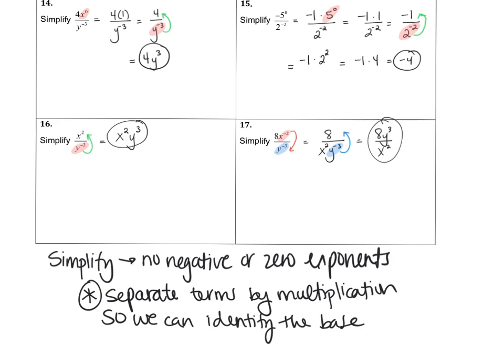I need to know, what is my base? My base here is y. My base here is 5, or positive 5, not a negative 5. You want to separate these things out so that you can see where the exponent belongs. And then remember, if your exponent is negative, you're just going to move it so it becomes positive. If it's negative in the numerator, bring it down. If it's negative in the denominator, bring it up.